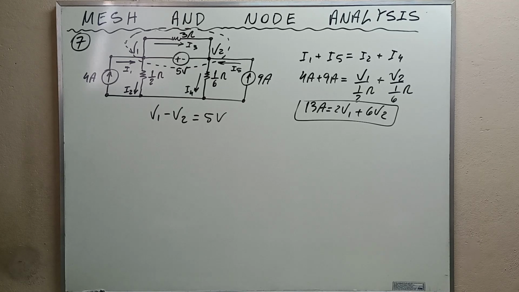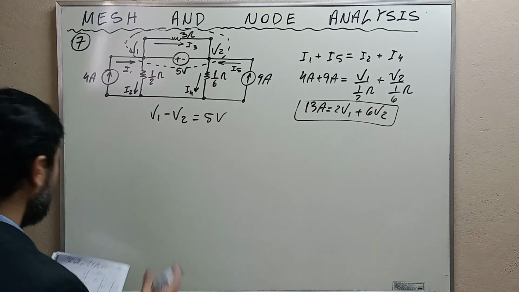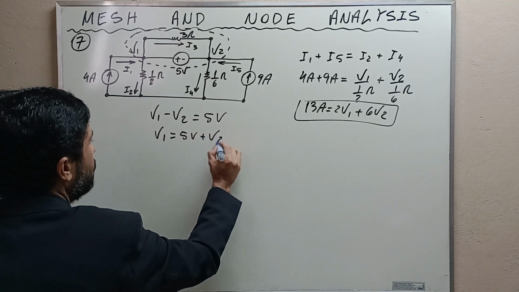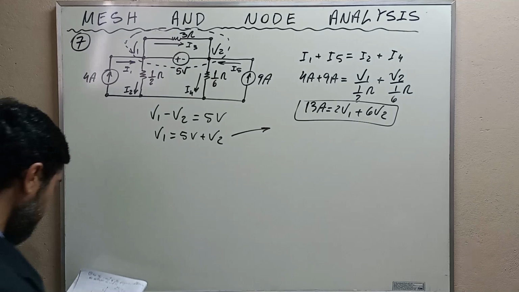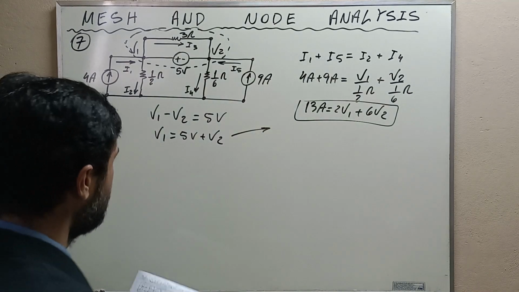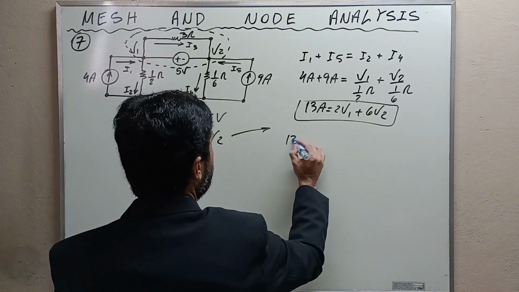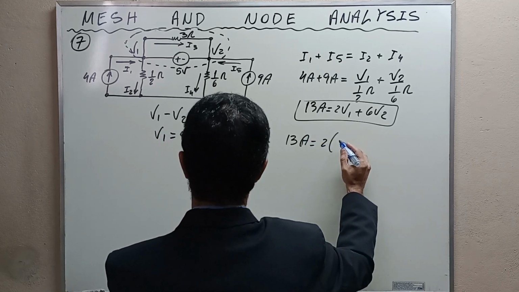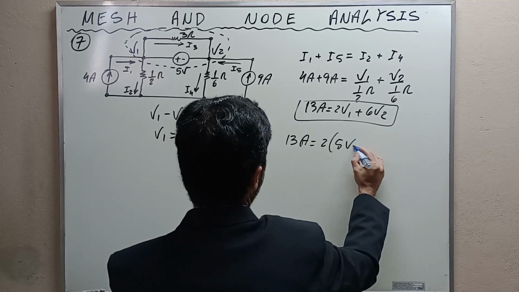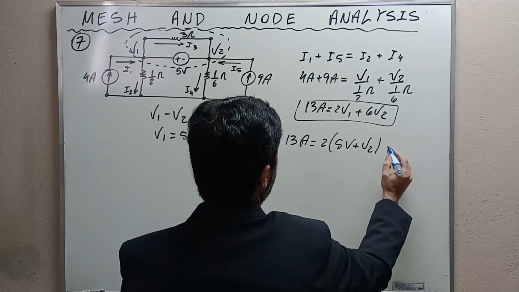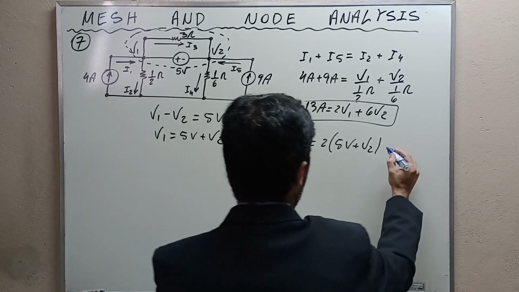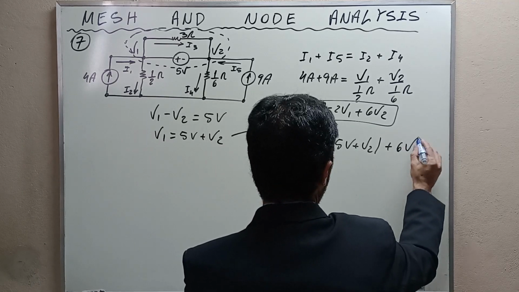Applying this to the first equation, we obtain that, okay, if V1 is equal to 5 volts plus V2, applying it there, we obtain that 13 amps is equal to 2 times (5 volts plus V2) plus 6V2.